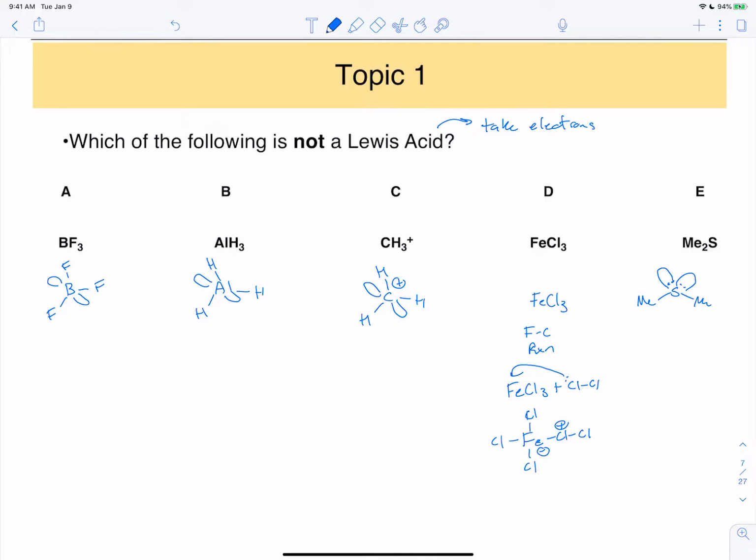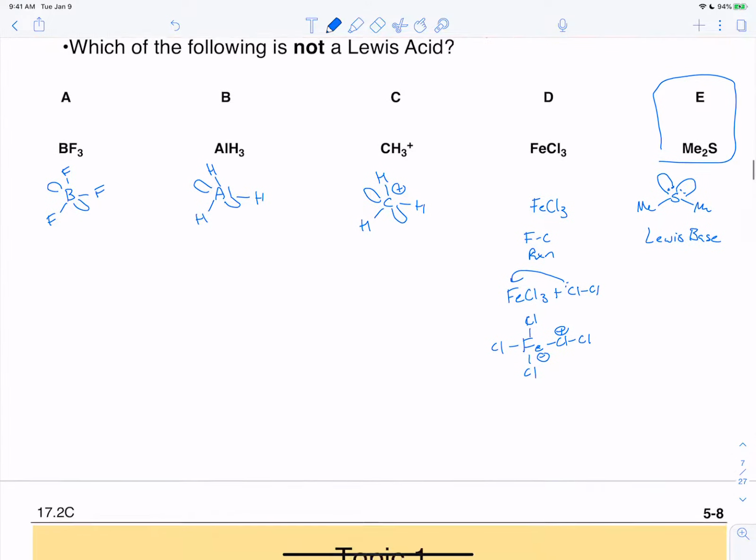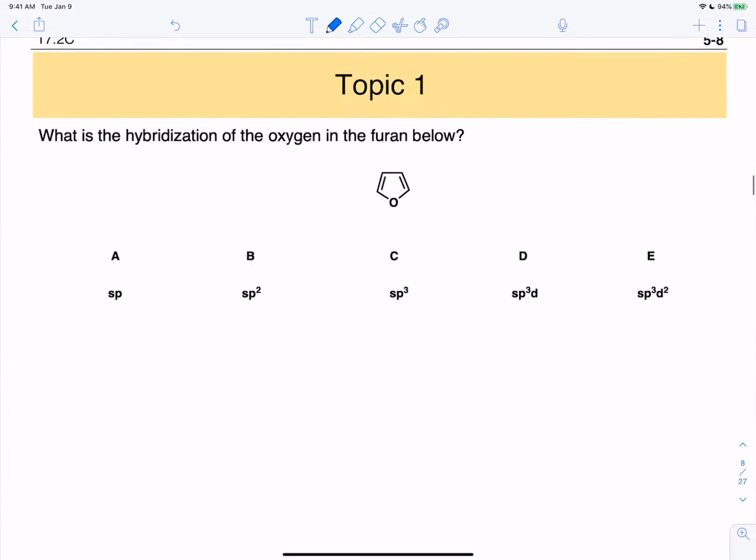So there's no way for this to really accept any more electrons. So if nothing else, through a process of elimination, we can arrive at dimethyl sulfide not being a Lewis acid, and this really would be a Lewis base because it has lone pairs that it can give to someone else. Someone, if molecules are people.